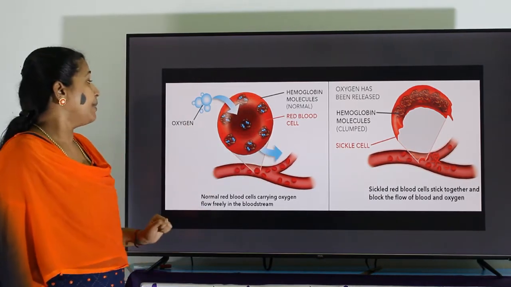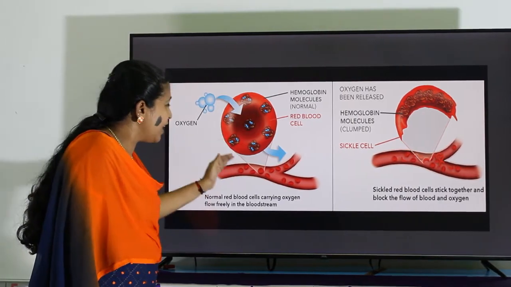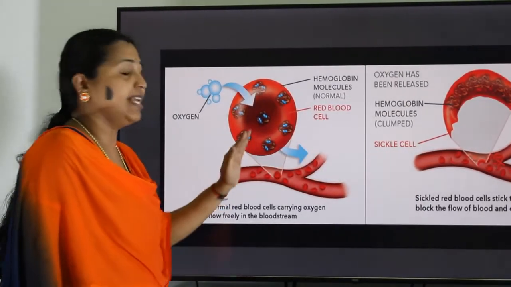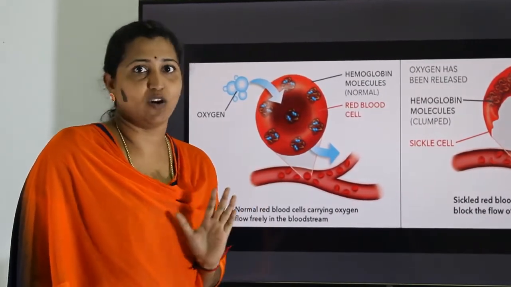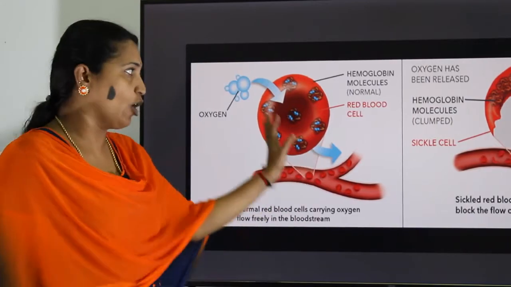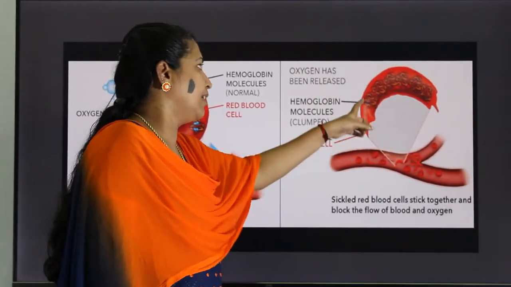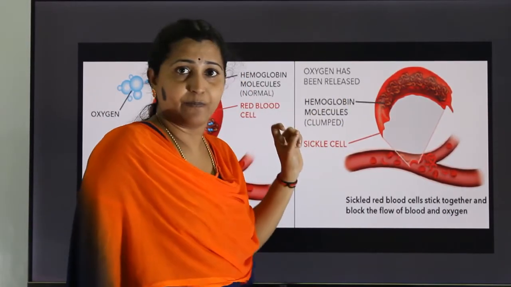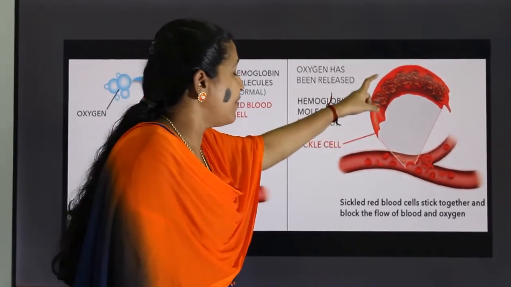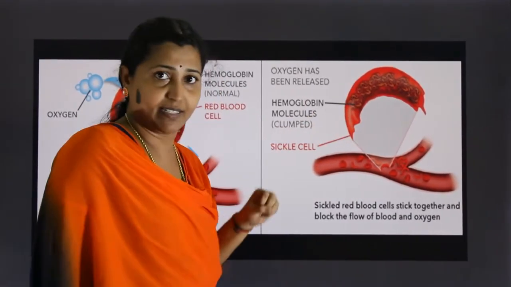These cells can also move freely in the blood vessels and provide efficient transport of oxygen to our body cells. This is in the normal case. But in sickle shaped RBCs, the surface area is very small, which means they can carry very little oxygen to the body cells.